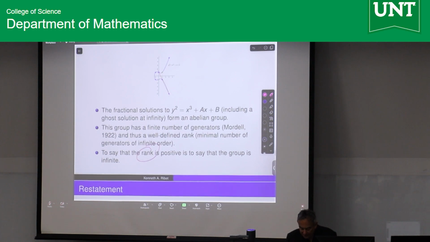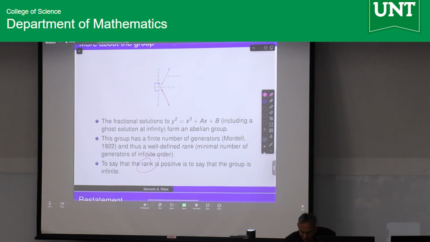A summary of what we have so far is that if the rank is 0, then there are only a finite number of solutions. This corresponds to not being a congruent number. But if the rank is non-zero, meaning it's positive, then yes, it's a congruent number. So that was a little extra from one of the previous slides, that if you have a congruent number, there are non-zero solutions, and then there's going to be an infinite number.